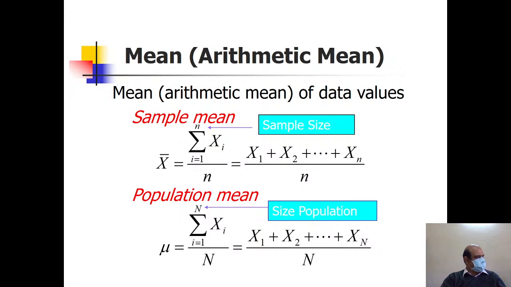So if you draw a sample from a certain population, and when you calculate that mean, it is known as sample mean. And when you want to see where the value stands from the population mean, you have to calculate the entire population's mean. Okay.